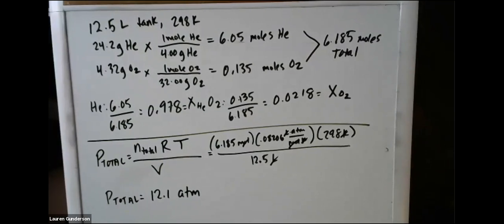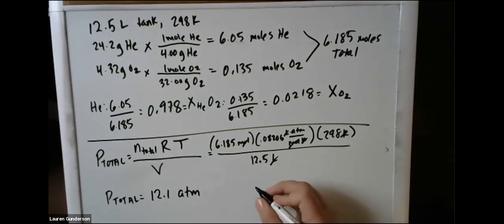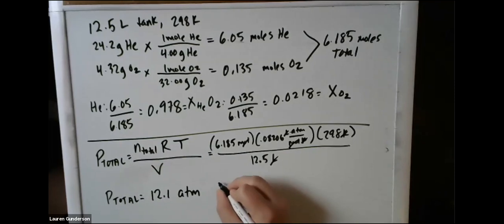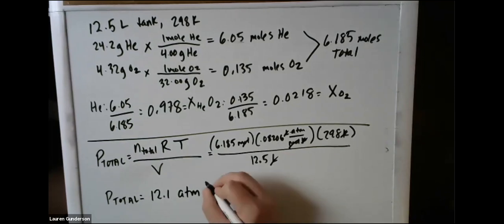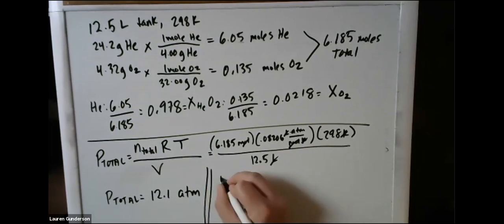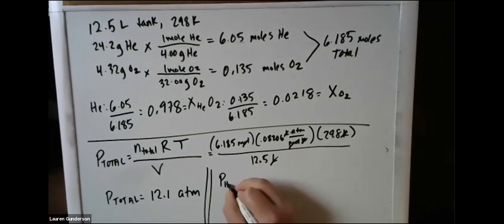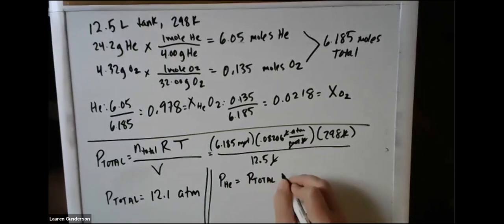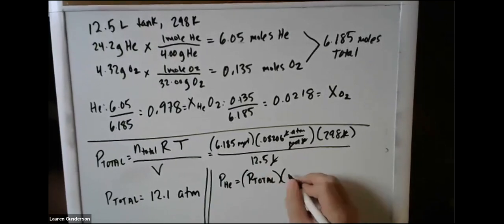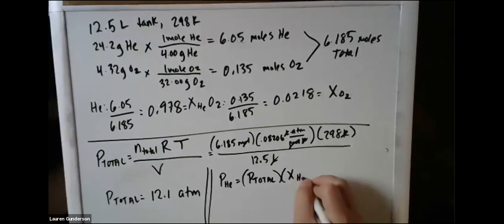That will be our total pressure. Now to find the partial pressure, if we think back to one of our versions of Dalton's law of partial pressures, we could take the total pressure and multiply it by our mole fraction, and that will give us the partial pressure. So let me draw a line here. For the partial pressure of helium, I can take P total and multiply it by the mole fraction of helium.